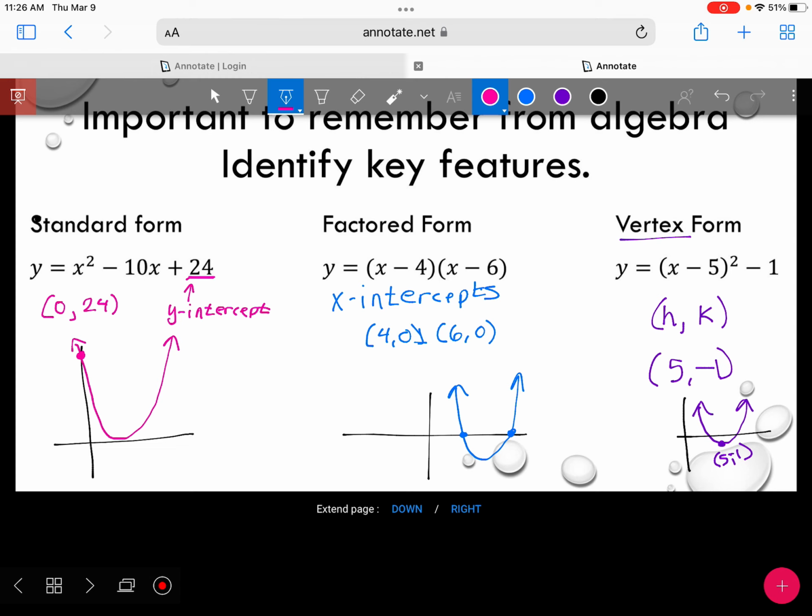So I'm going to pass out, every group needs a set of pink cards. And I want you to find A, H, and E, and we'll talk through it.